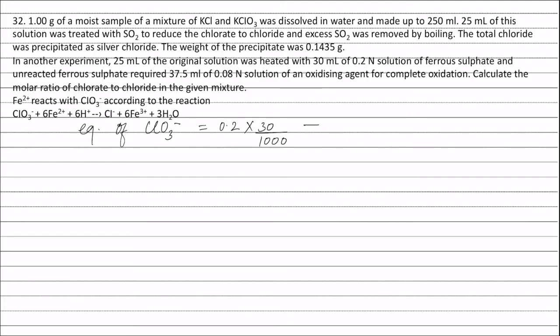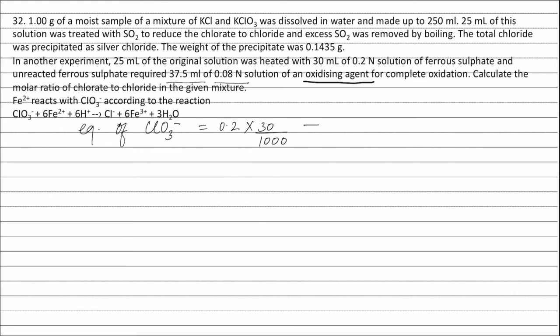Now the equivalence of ferrous sulfate that is left after the reaction, or unreacted ferrous sulfate, according to the question required 37.5 milliliter of 0.08N solution of an oxidizing agent for complete oxidation.